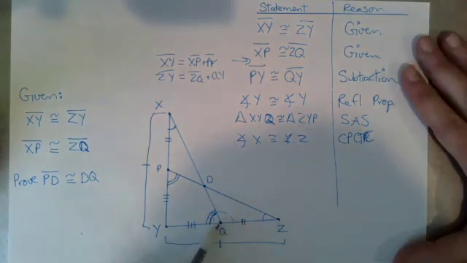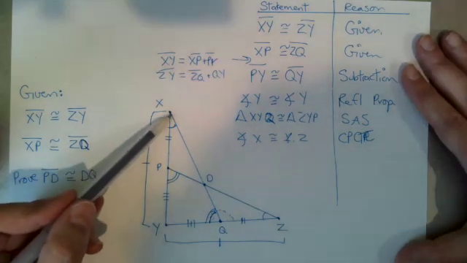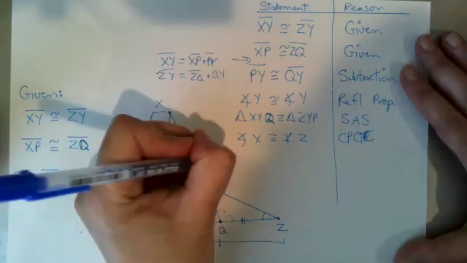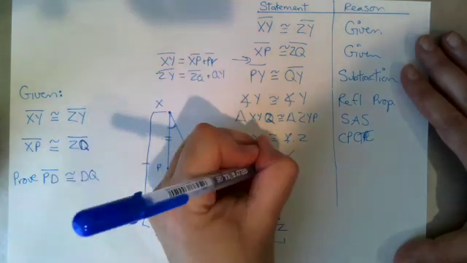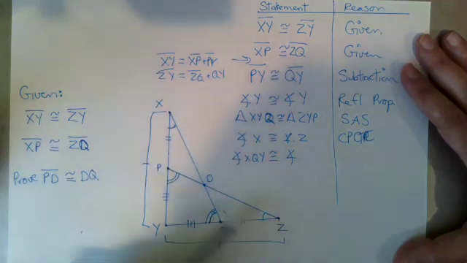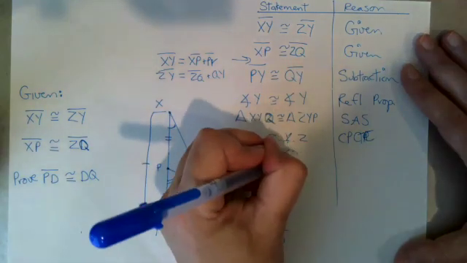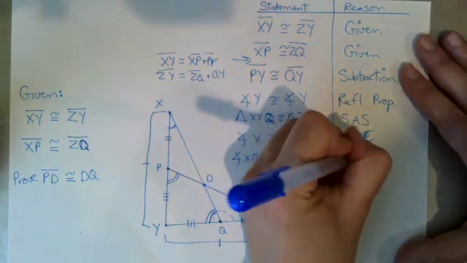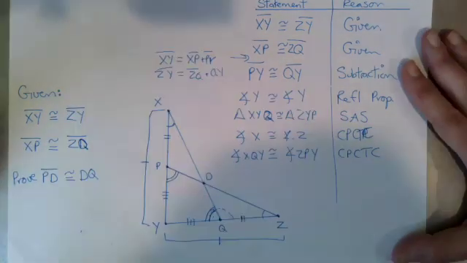Okay, so this one we can't just call angle Q because we've got multiple things here. So we're going to call this that angle XQY is congruent to angle, okay, let's trace it the same thing. We started at the point ZPY, and that is also because of CPCTC. There, wrote that better.